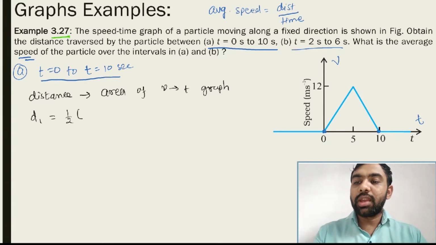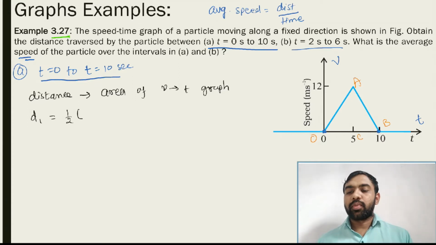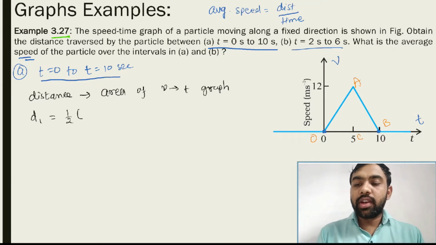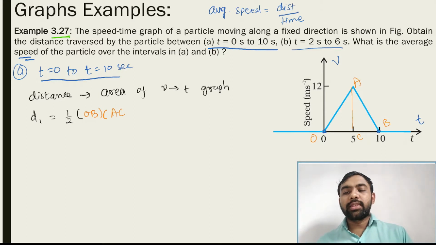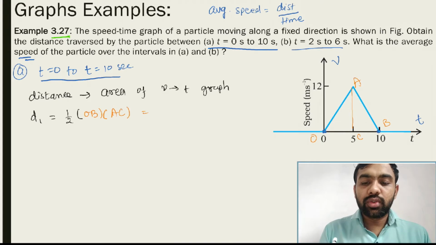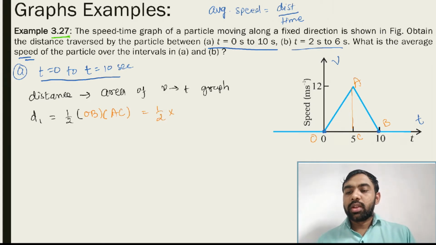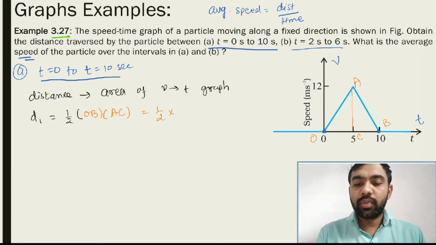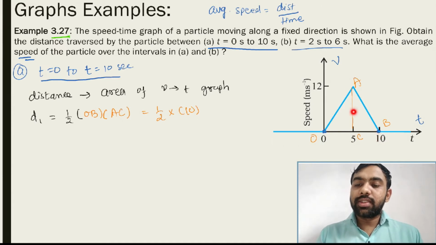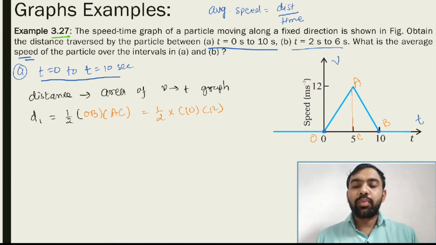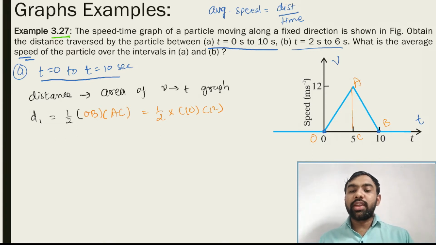Let's give some names to the points so that it's easy to understand: O, A, B, and this point is C. So O, A, B, C. So 1/2 into base, which is OB, into height, which is AC. Putting in the values: OB is 10 and AC is 12, so 1/2 into 10 into 12. 12 tens are 120, divided by 2 is 60.